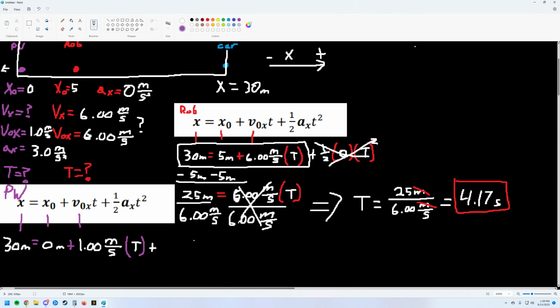That's plus 1/2 ax, our acceleration, constant of course, 3.0, and that is meters per second squared. And that is going to be multiplied by time again, squared.